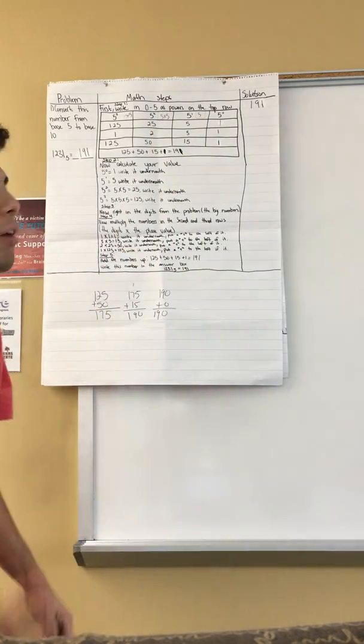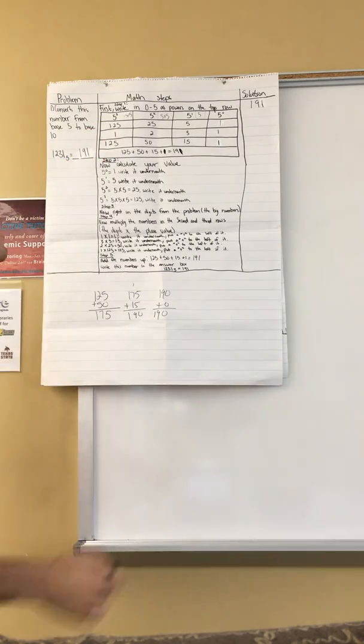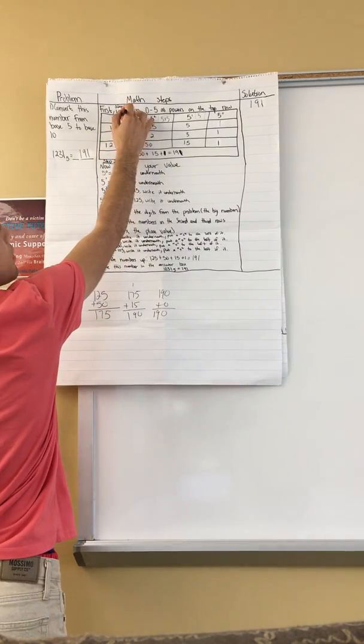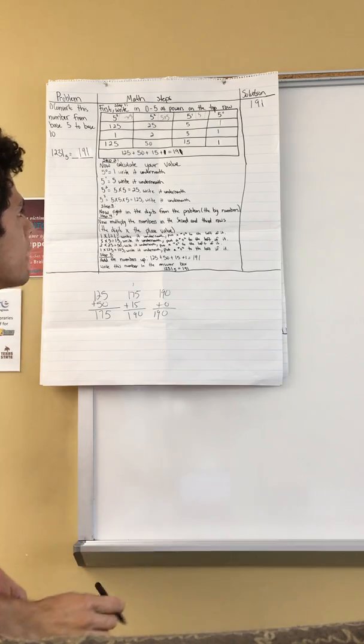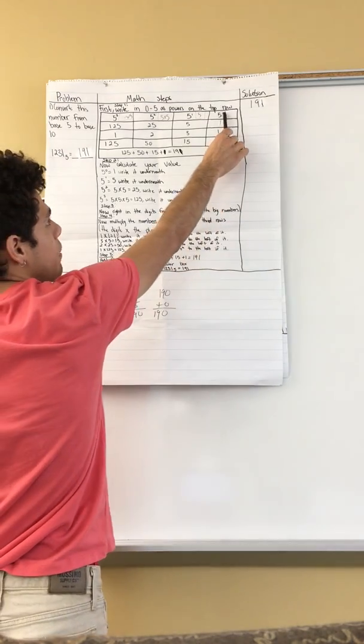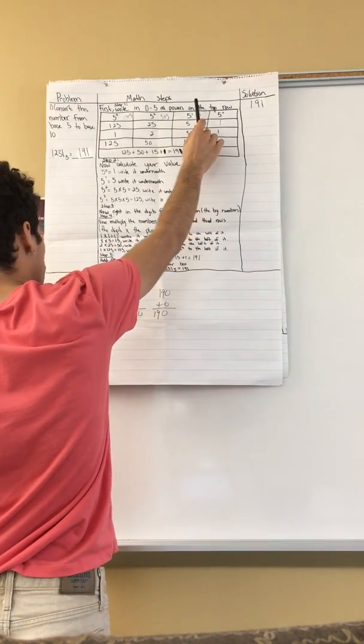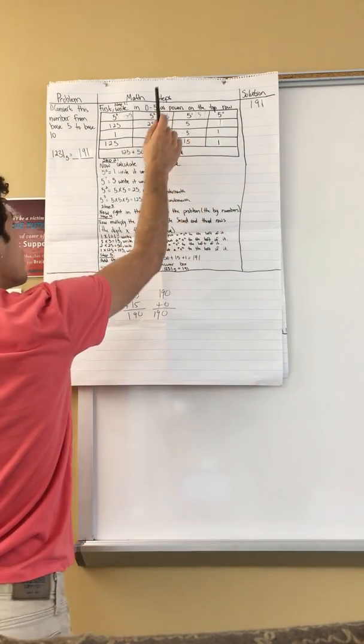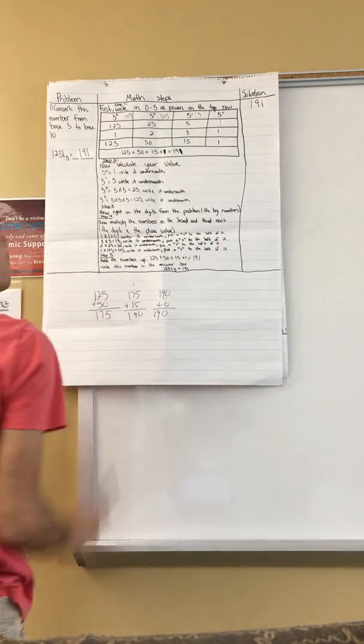You're multiplying it by itself. 5 to the power of 3 is 5 times 5 times 5, which gives you 125. So here we have it: 5 to the power of 0 is 1, 5 to the power of 1 is 5, 5 to the power of 2 is 25, 5 to the power of 3 is 125.